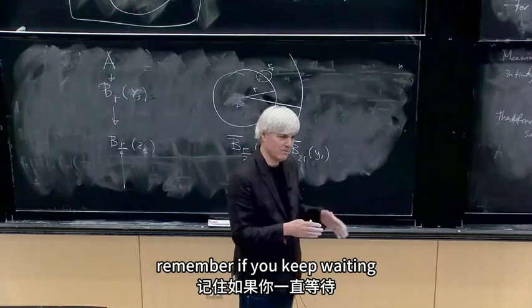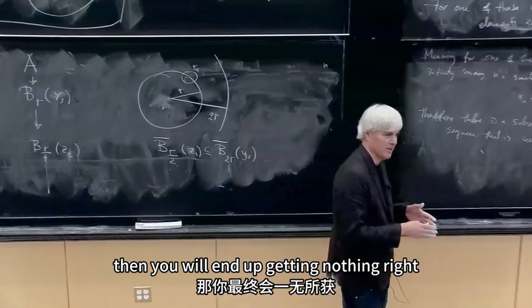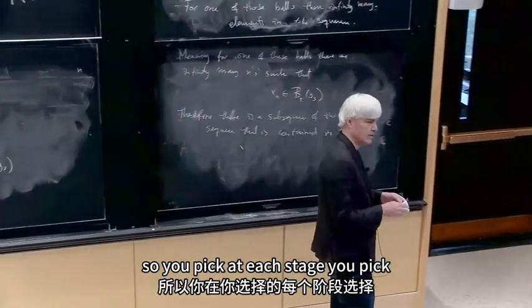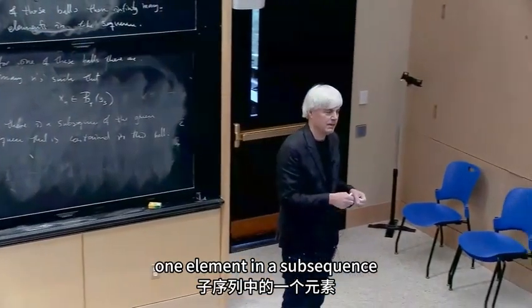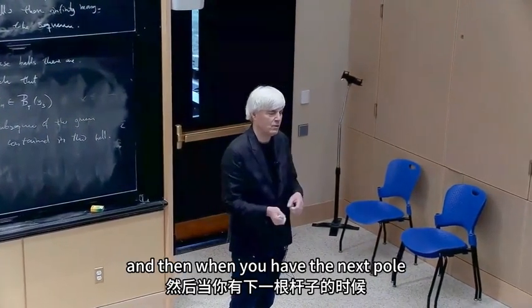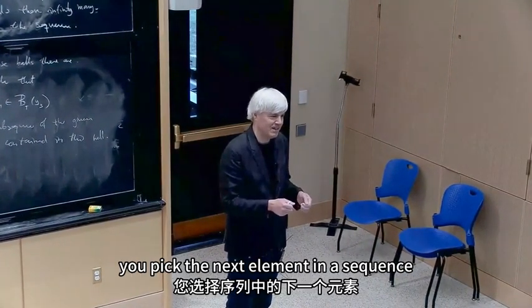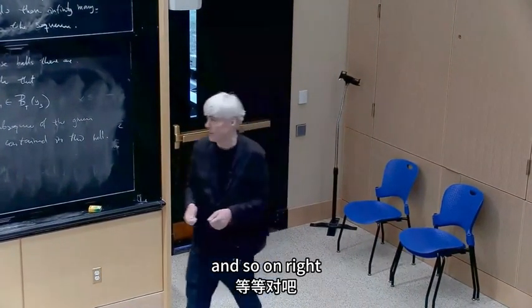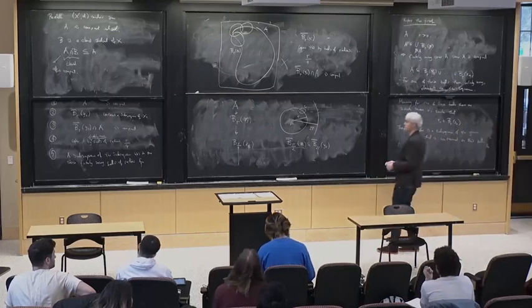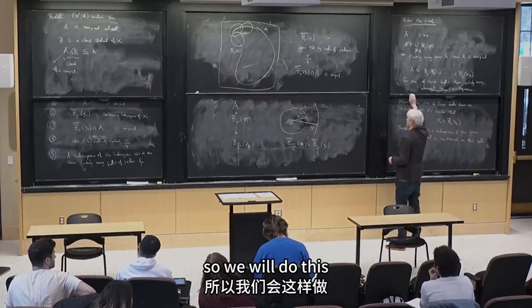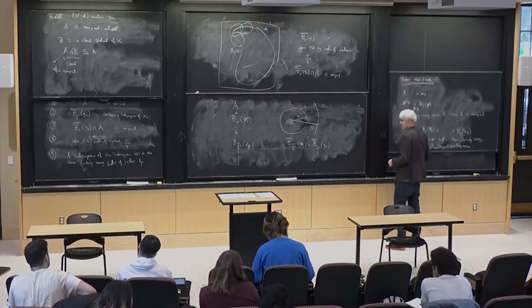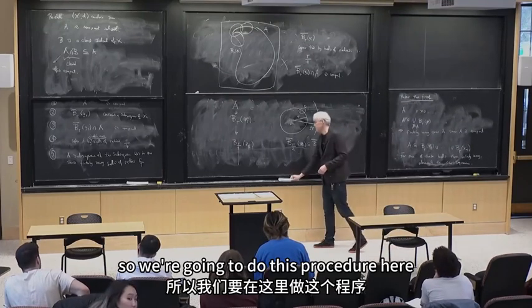Remember, if you keep waiting, then you will end up getting nothing, right? So you pick at each stage one element in a subsequence, and then when you have the next ball, you pick the next element in a subsequence, and so on, right? So we're going to do this procedure here.